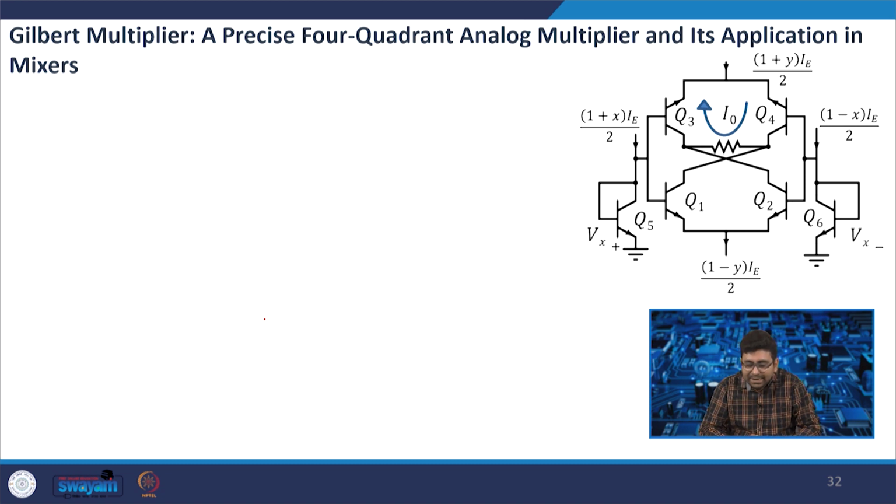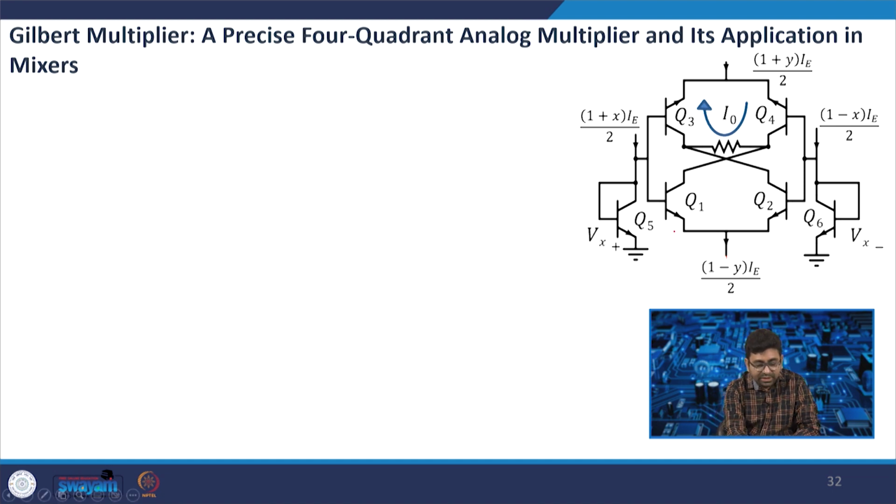The biasing is not shown here, that is, the tail biasing at the bottom and at the top. However, here it is explained how the mixing happens.